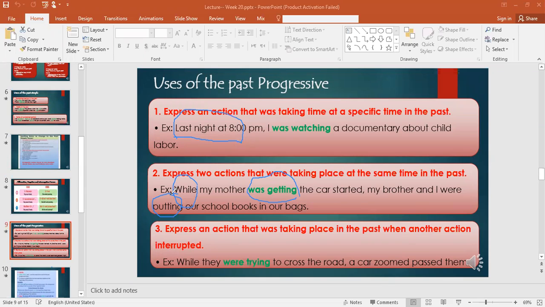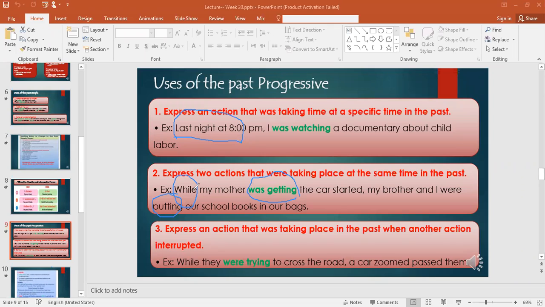Same time. Mother starts the car and we put the books in the bag. Very good. So these two actions were happening at the same time.